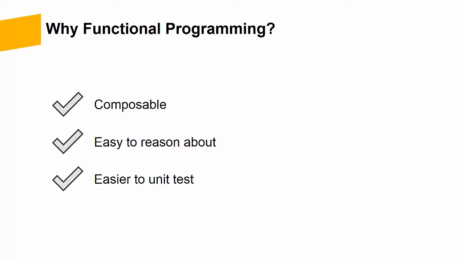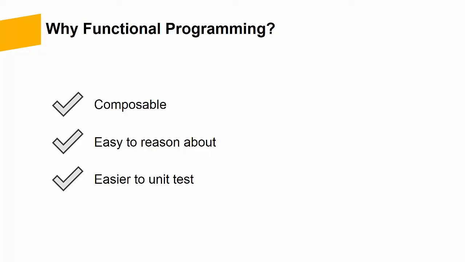The second point is that code written in a functional way is easier to reason about, and that is a corollary of the notion of method signature honesty, because when you have signatures that fully encode their inputs and outputs, it is possible to know what the method does just by looking at its signature. You don't have to dive into implementation details to understand it.